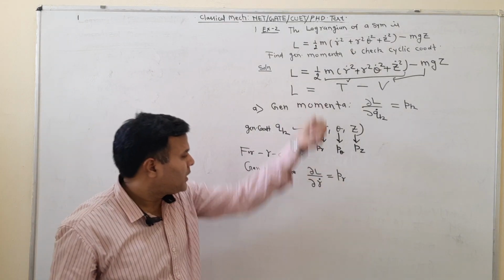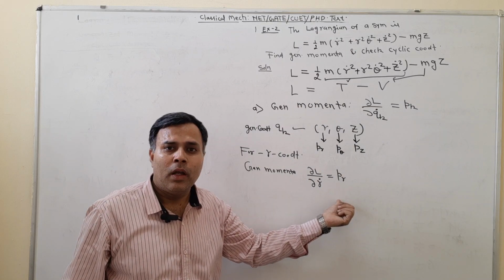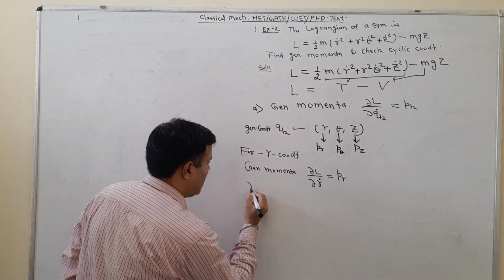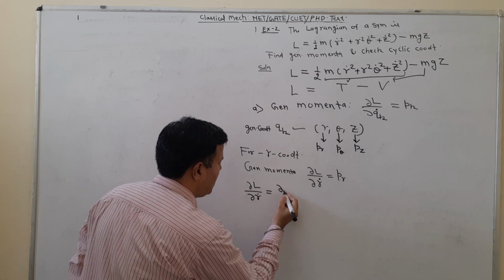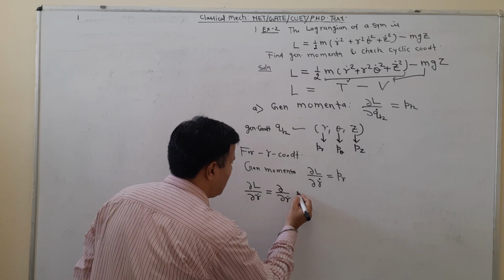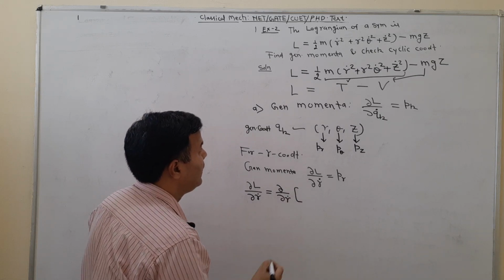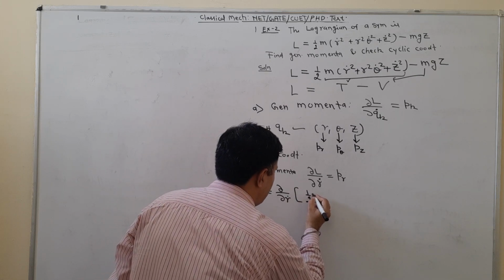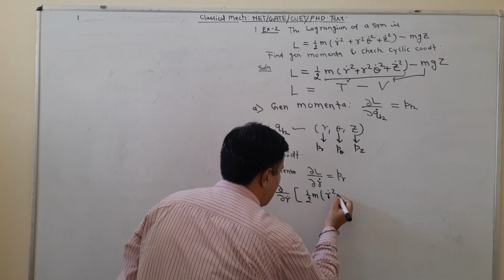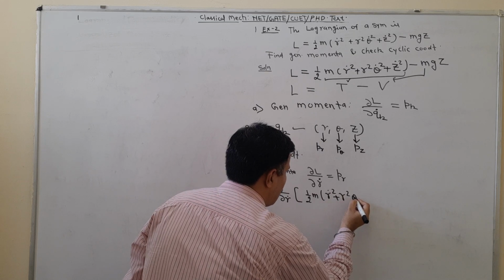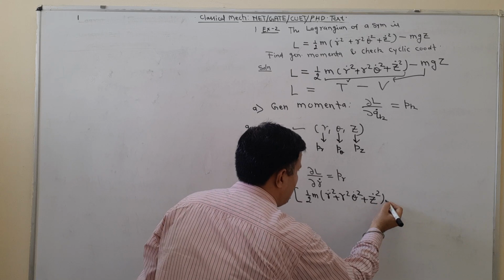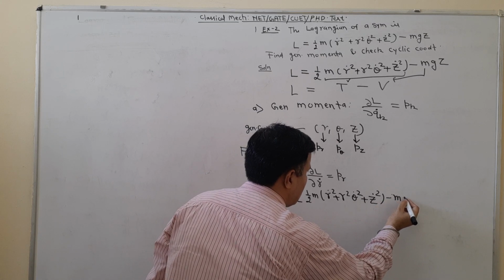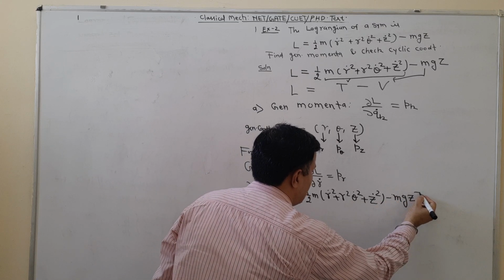Now differentiating L partially with respect to r dot, L is 1/2 m (r dot squared plus r squared theta dot squared plus z dot squared) minus mgz.